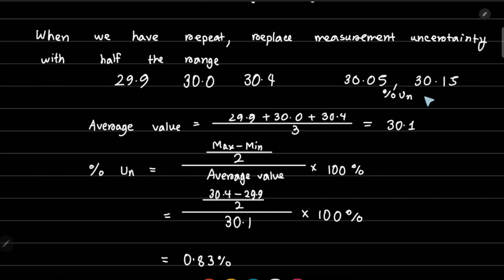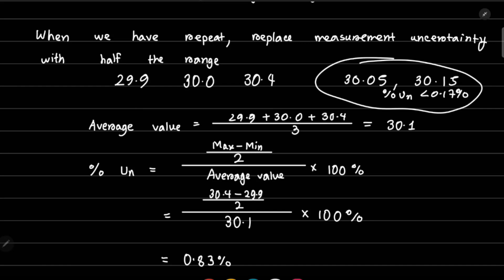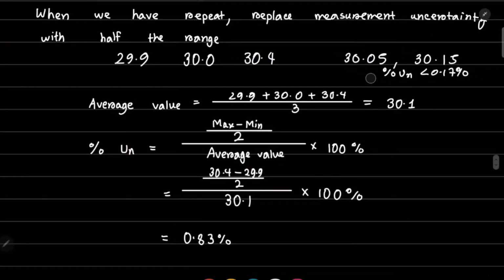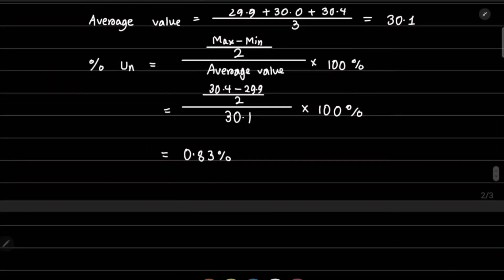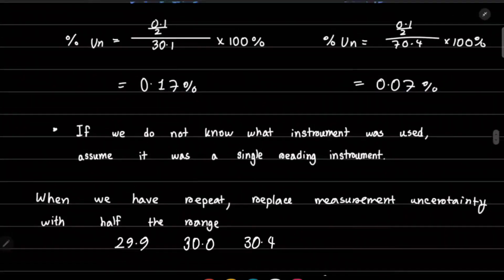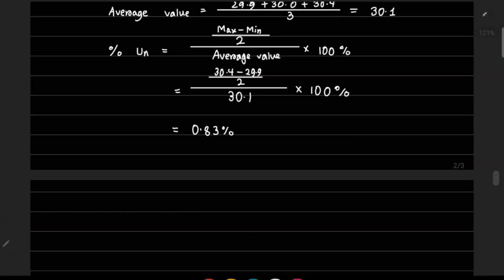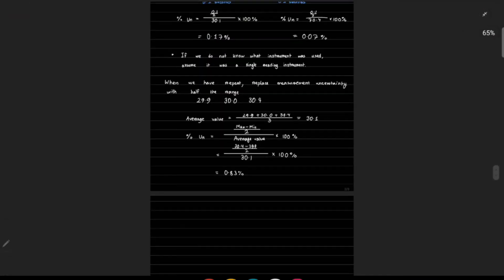So if this was smaller than 0.17%, instead of using the formula we usually use for repeats, we'll have to use the one we use for non-repeat cases. We have to use whichever of these is larger. So the larger value of the percentage uncertainty should be used between them. And that's it for uncertainty.